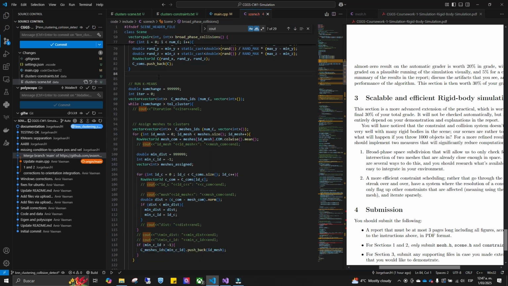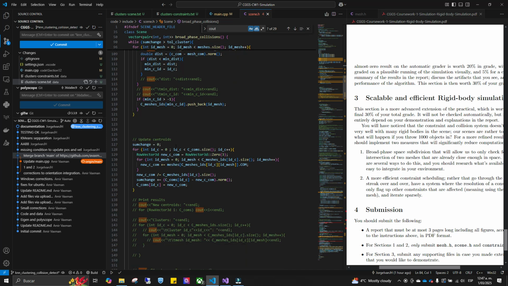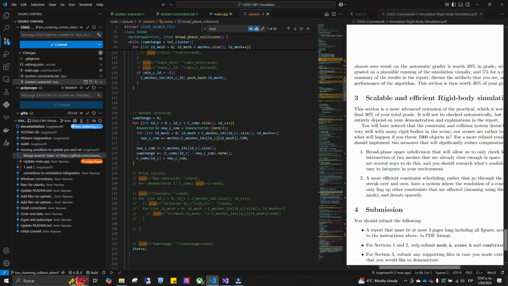I've run the k-means algorithm, and at the end, what I have is the centroids of each of the groups and the IDs of each of the objects that are closer to each of the centroids of each cluster.